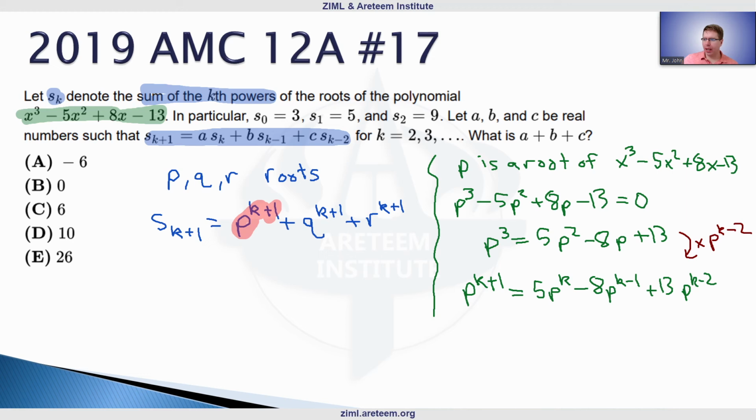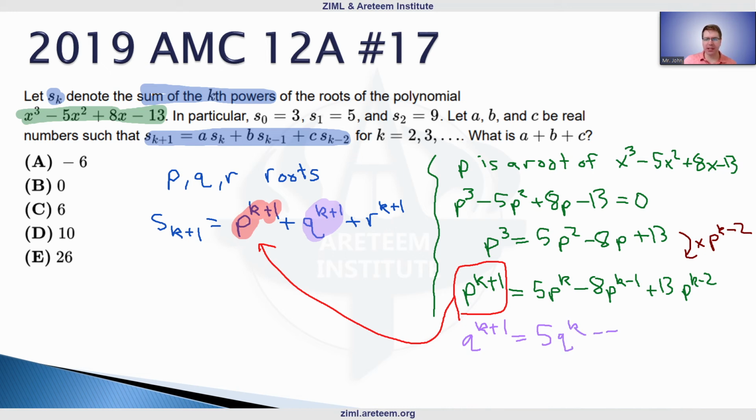But now, let's pause and think about this, because we're actually pretty much done. This is our p to the k minus 1, and that could be plugged in here. Similarly, we would have the exact same thing for q to the k minus 1. I'm not going to write it all out, but q to the k plus 1 equals 5q to the k and so on.